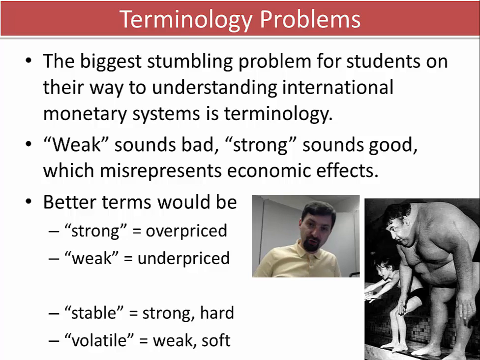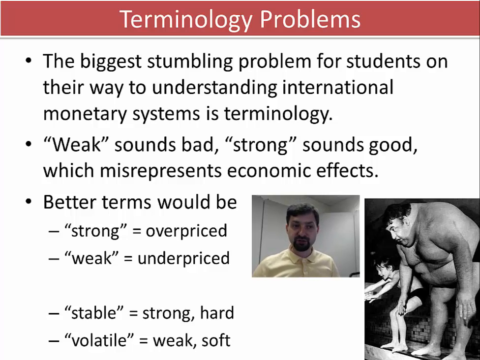But when we talk about currencies, we really don't talk about strength. We talk about overpriced or underpriced, right? Or perhaps stable and volatile. So for example, one of the reasons why the American dollar is called strong is not because it's really strong or hard, as some say. It's because it's stable over time. Its price doesn't change much, doesn't drop much, likewise doesn't really increase much, or at least not as much as the price of other currencies.